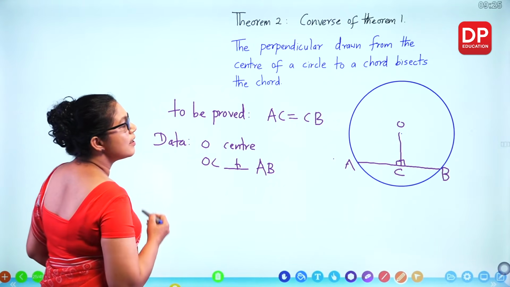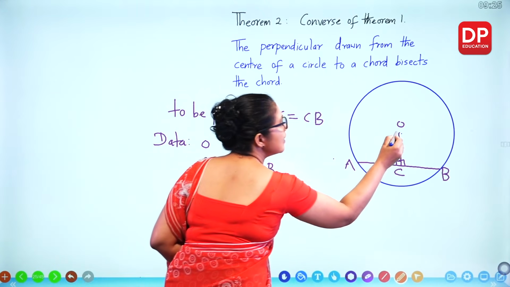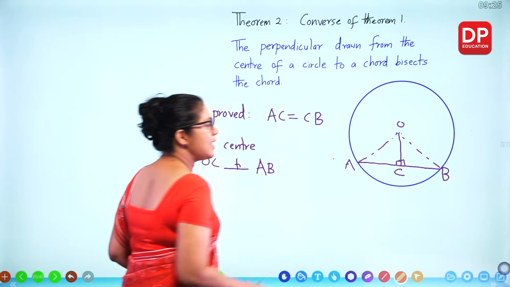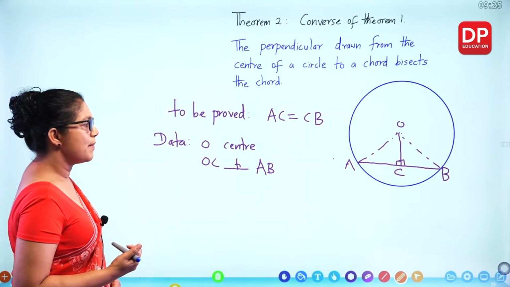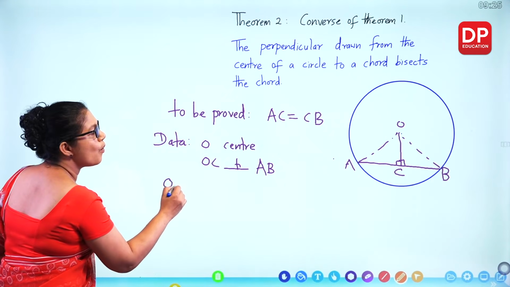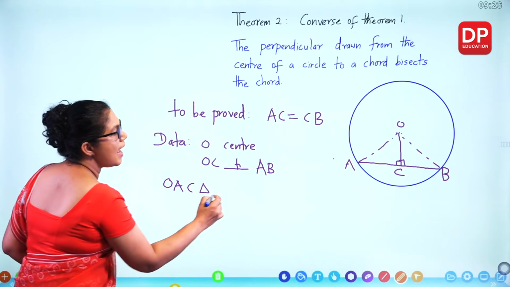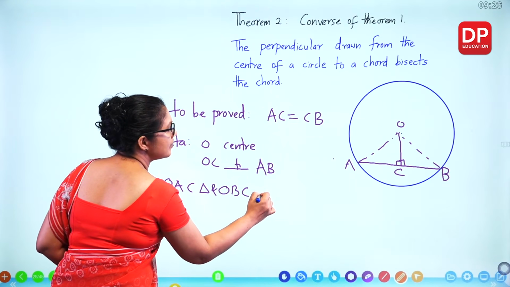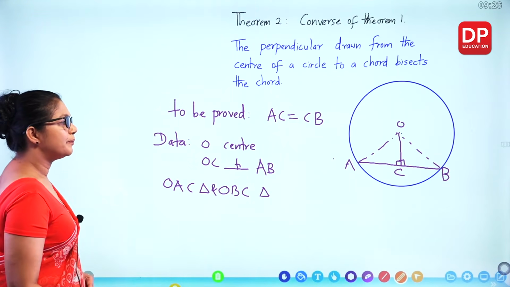And we'll take these two triangles because we need to show that AC is equal to CB. So when you take triangle OAC and triangle OBC, what can you say?